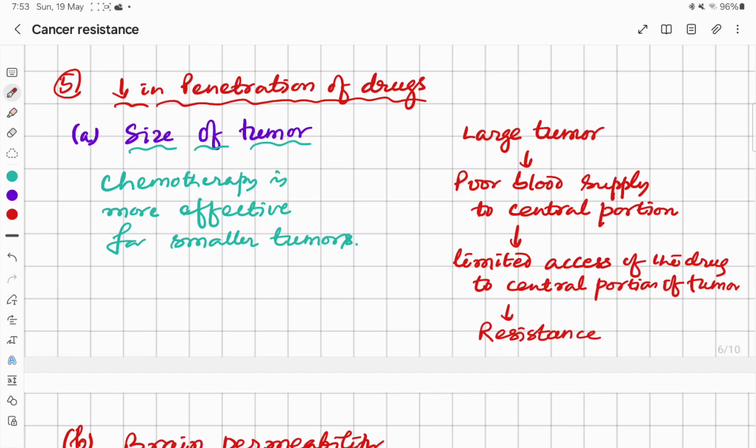Therefore, chemotherapy is more effective for smaller tumors and becomes less effective for large tumors, and that may be a cause of failure of drug action, that is resistance.